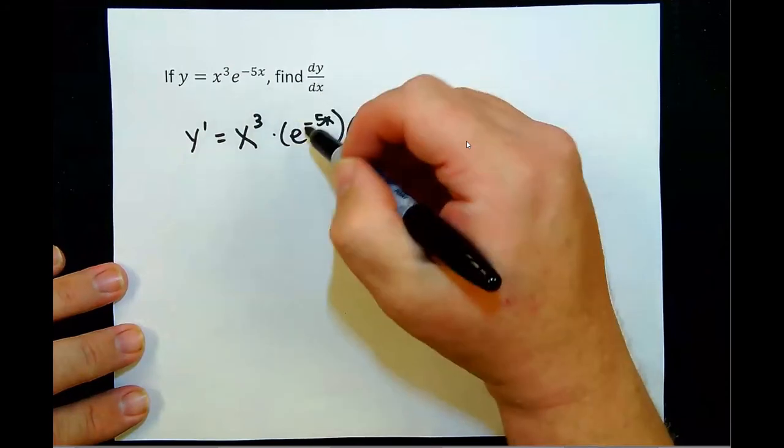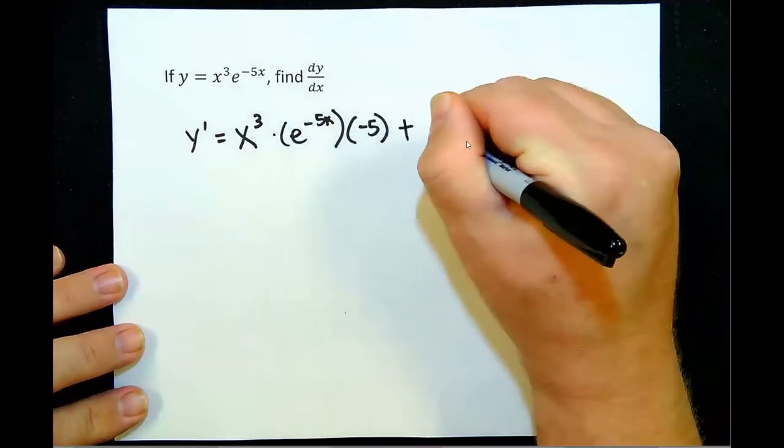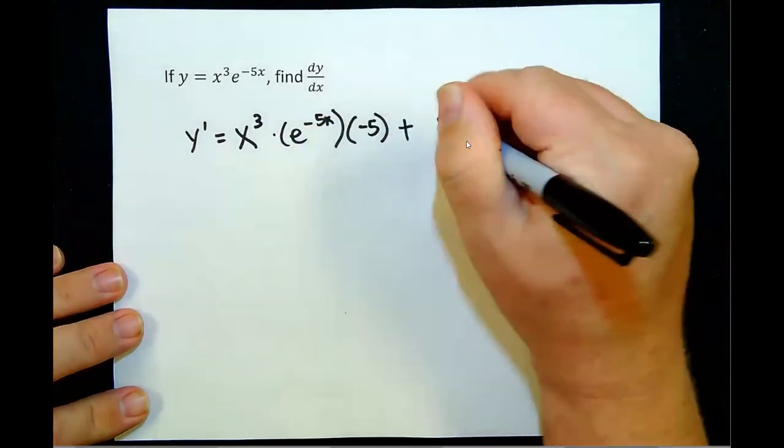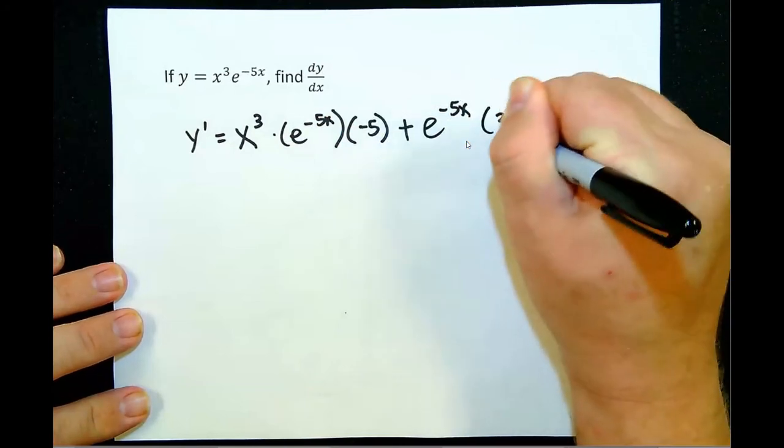Because the derivative of e to the x is e to the x, then you have that second function because of chain rule. So the first times the derivative of the second, plus the second times the derivative of the first.